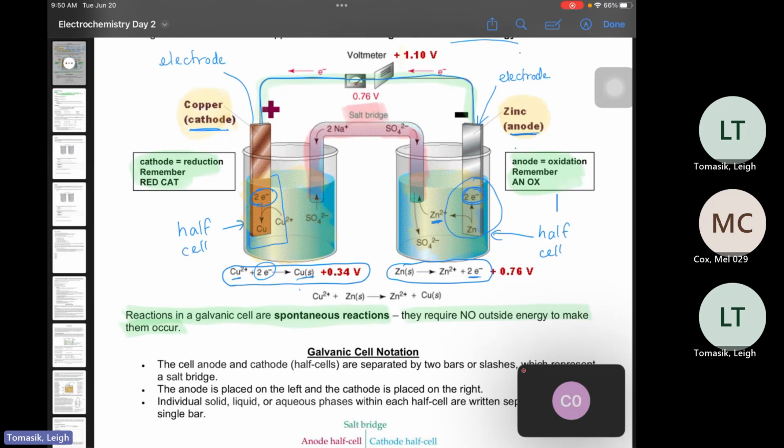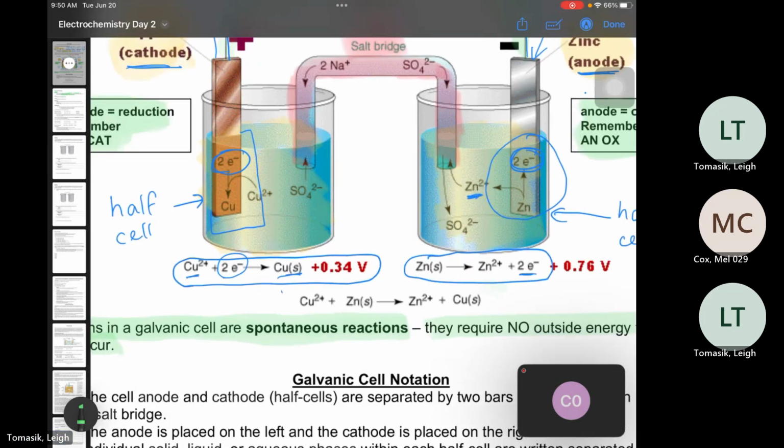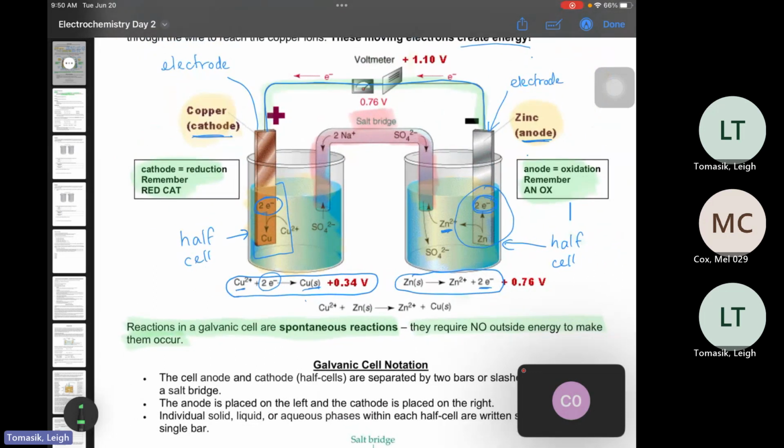The chart with the strong and the weak reducing agents and the strong and the weak oxidizing agents. If you find zinc and copper on there, you're going to find that zinc is a very good reducing agent, which means it's very good at being oxidized. Okay, and you're going to find copper is a very good oxidizing agent, which means it's very good at being reduced. So based on where it is on that table, and I'll show you in a little bit how that works. Actually, maybe I'll show you now.